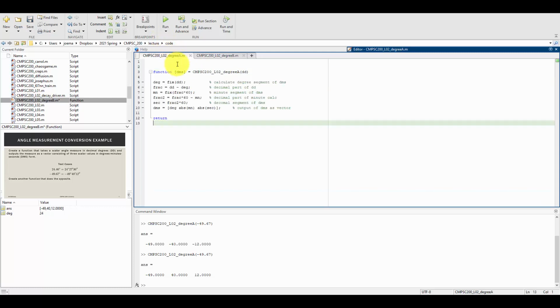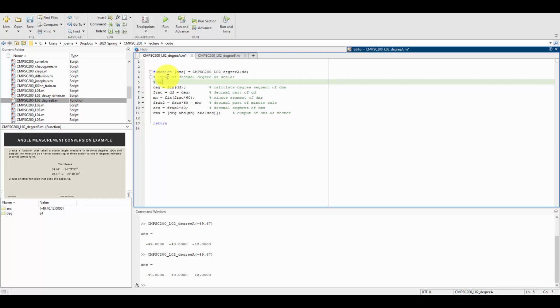All right, so let's review here. So let me just put in a comment here. So input of decimal degree in as scalar, and output DMS form as 3-element vector.